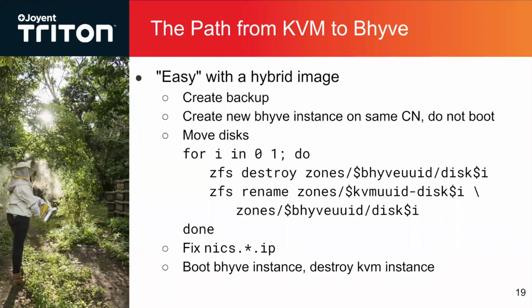The NICs will need to be fixed up, and then you're able to boot the bhyve instance. Trying to do a vmadm update where you create duplicate IP addresses will cause vmadm to complain, so you'll probably want to destroy the KVM instance, fix the NICs, and then boot the bhyve instance.